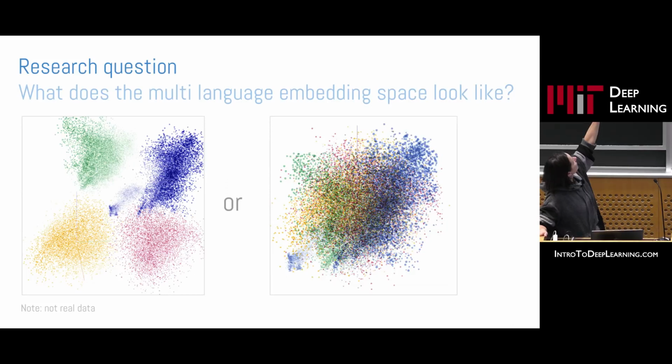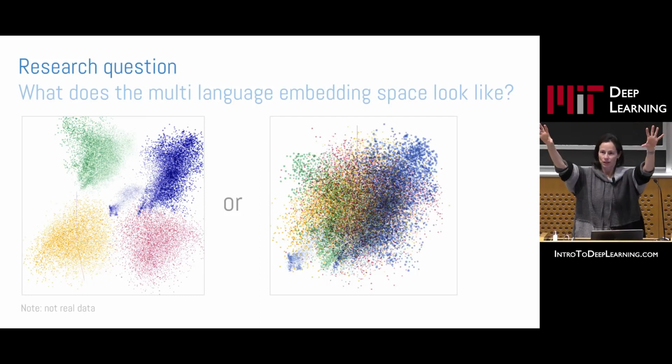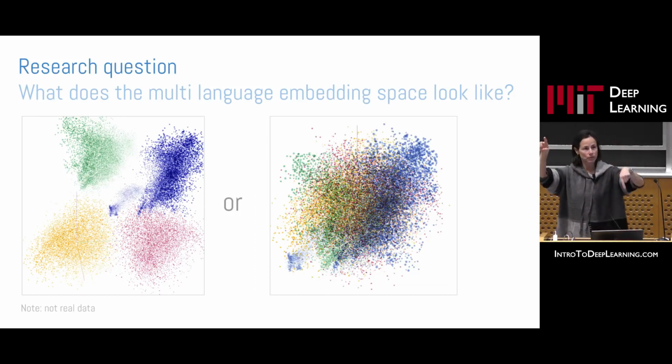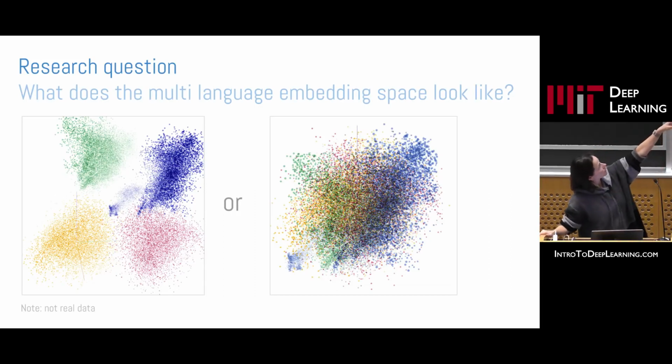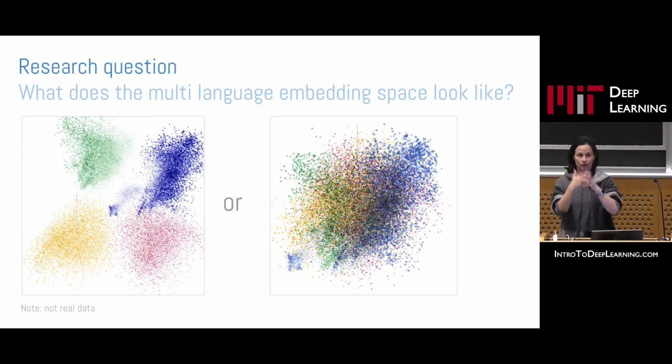Were they doing something like what's here on the left, where they would resolve the space by keeping all the English in one corner, all the Japanese in another corner, and all the Korean in another corner, and then just mapping between these spaces for translations? Or was the system doing something more like what you see on the right, where it's way more messy, but they're bringing together these multiple languages, okay?